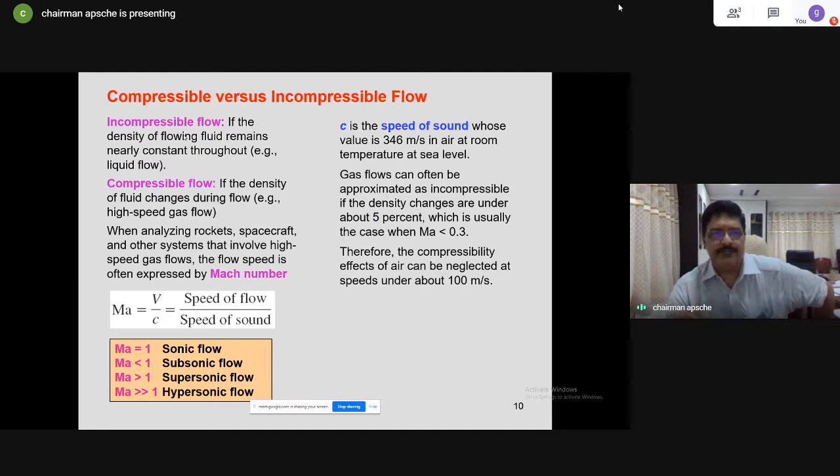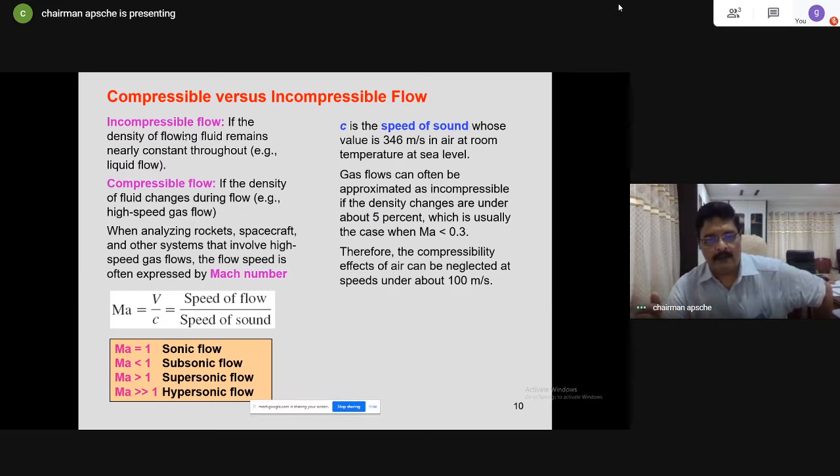And of course, you need to know about the Mach number. What is a Mach number? It is the speed of the flow divided by the speed of sound. Sonic flow is for all speeds equal to the speed of sound. Subsonic is for all velocities of the flow less than the sonic flow.